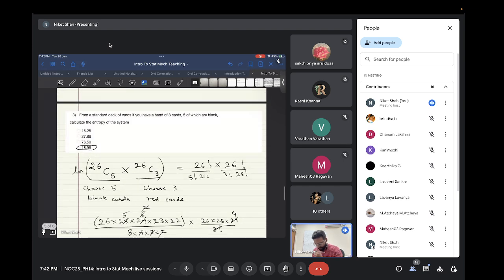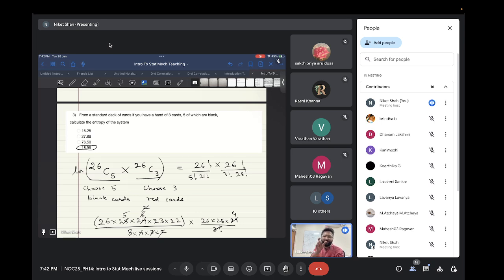If we are looking at question number three here, I actually calculated the microstates itself, right? Not the macrostates. Hmm. No, that's the point in a way that entropy is a link between. So five is the number of black cards, and what I'm seeing is the number of possibilities.